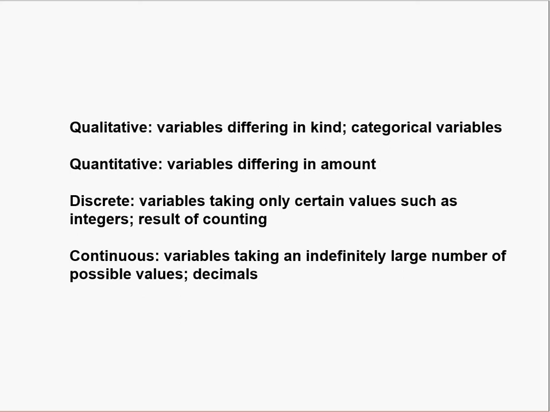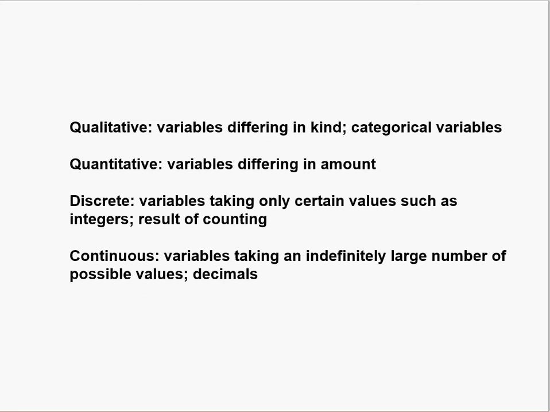So most of the time, the value of a discrete variable comes as a result of counting. You count how many people are in the room, how many animals are there on a farm, how many houses in a community. You count them. So for discrete variables, the values are always the result of counting.